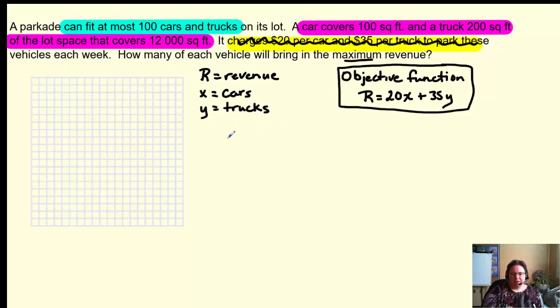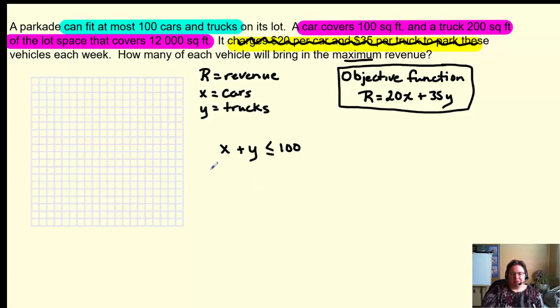So we've got to make an equation for the blue section and an equation for the pink section. The blue section says I've got at most 100 cars and trucks that I can fit on the lot. So that means my number of cars plus my number of trucks has to be less than or equal to 100. I can't go over 100 cars and trucks together.